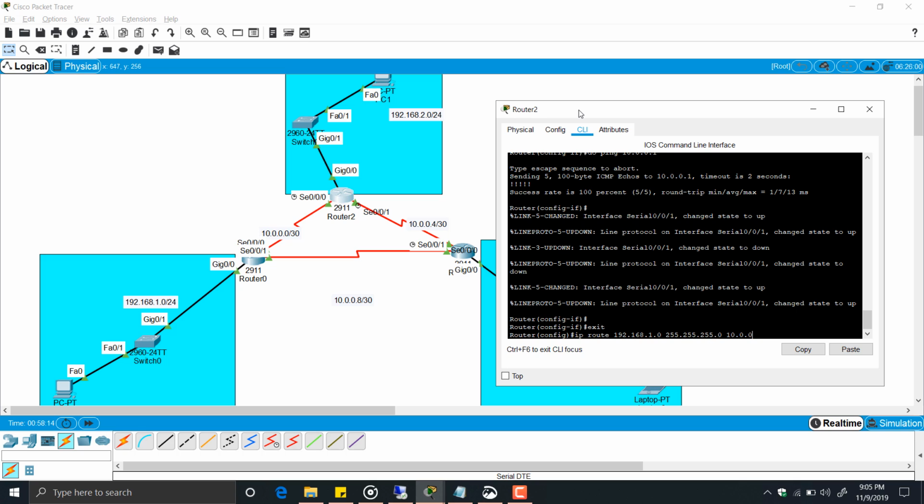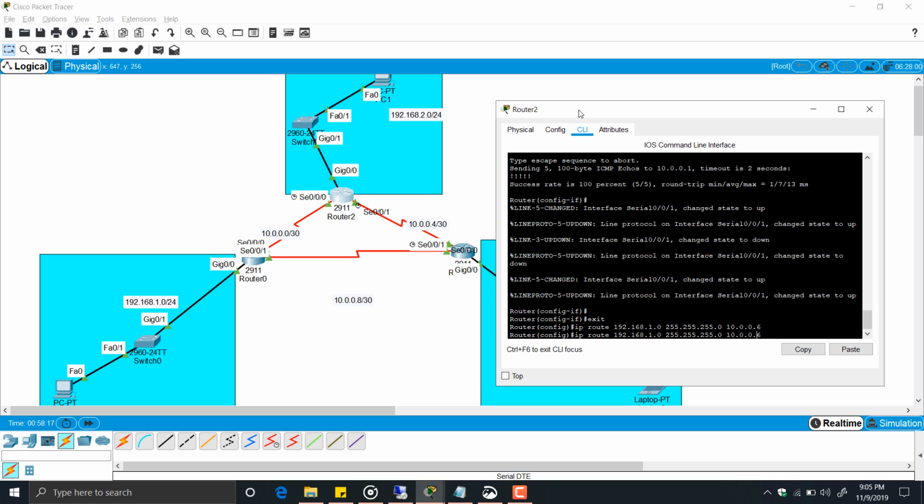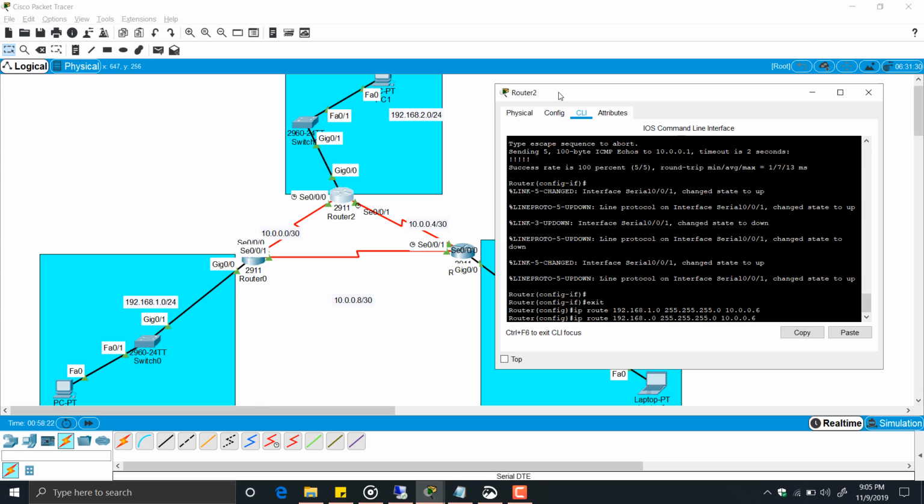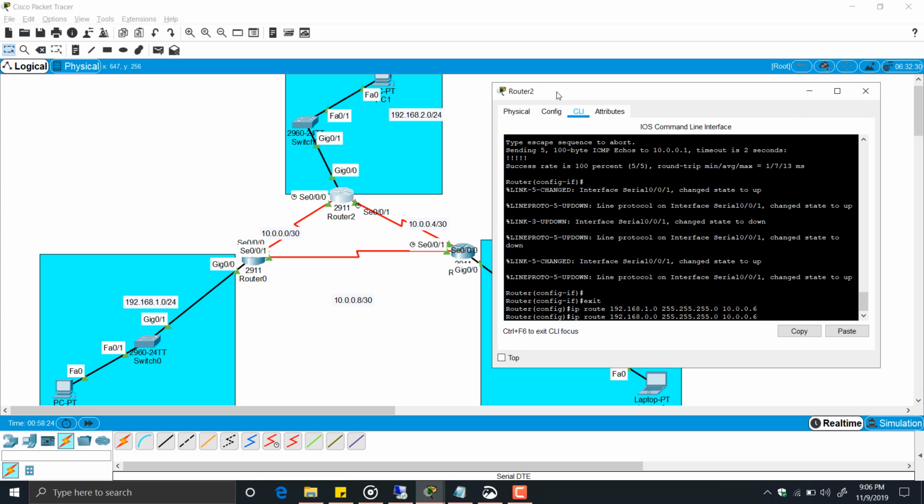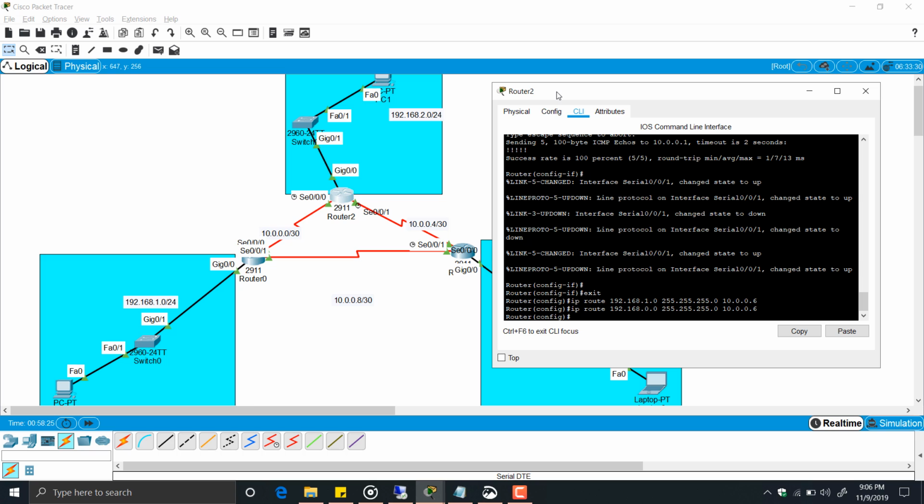If I am the 5, then he is the 6, right? Now the same thing for all packets that are looking for the 0 network. Okay, now let's check if this works.